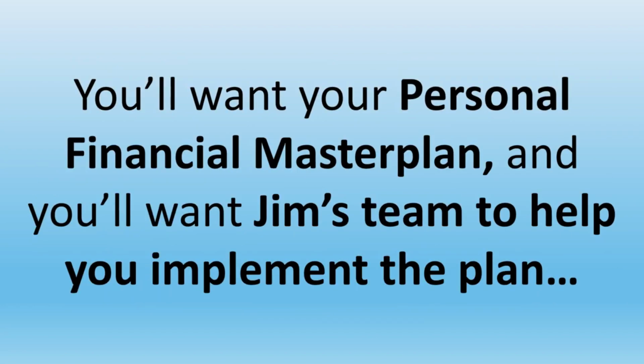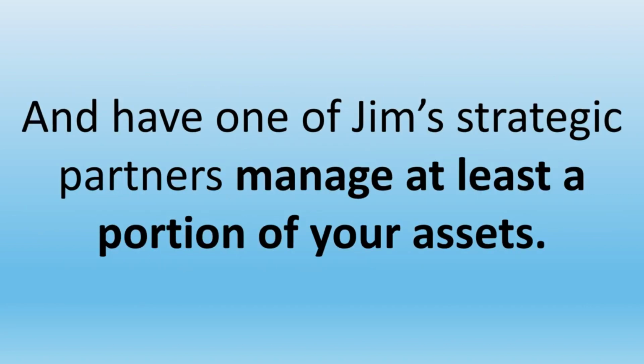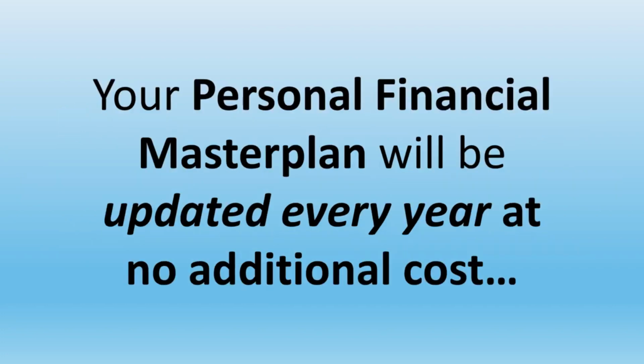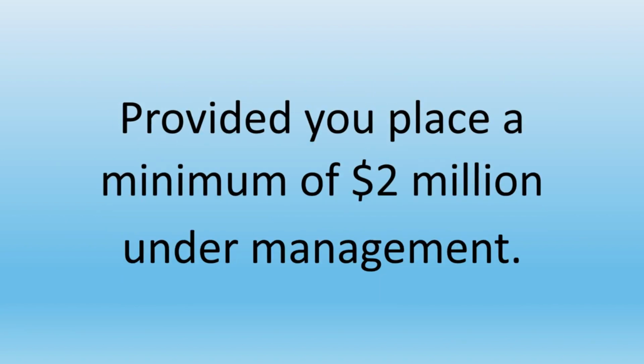Or you'll want your personal financial master plan, and you'll want Jim's team to help you implement the plan, and have one of Jim's strategic partners manage at least a portion of your assets. If you select option 3, your personal financial master plan is included for free, and your personal financial master plan will be updated every year at no additional cost, provided you place a minimum of $2 million under management.